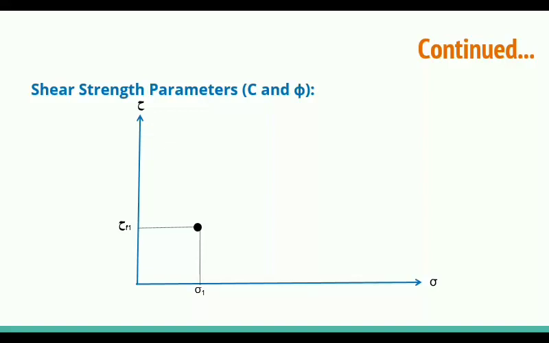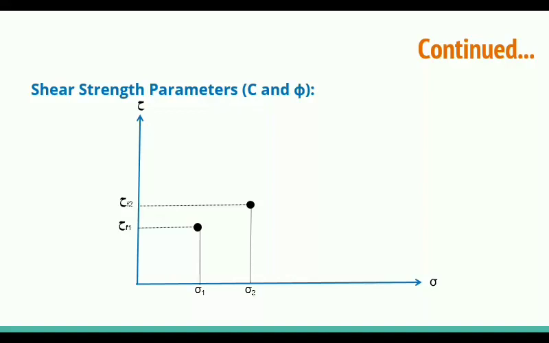Suppose we have taken 3 samples of the same soil. We take another sample and apply some other normal stress, sigma 2, and perform the test. We get the shear stress tau F2.